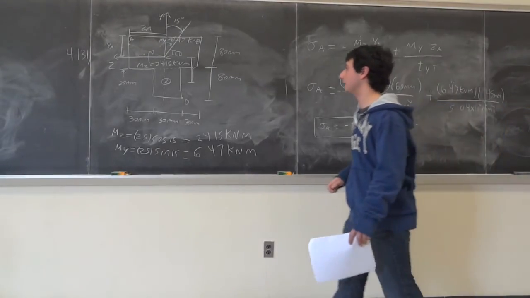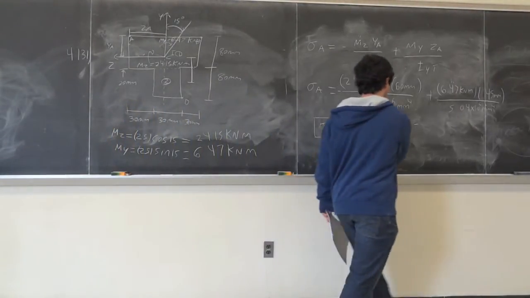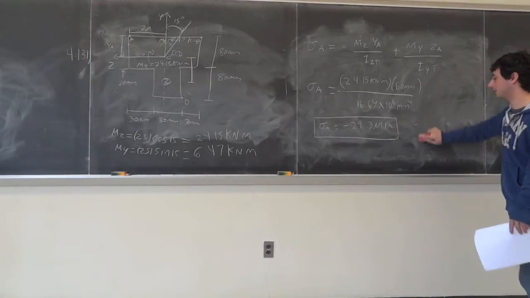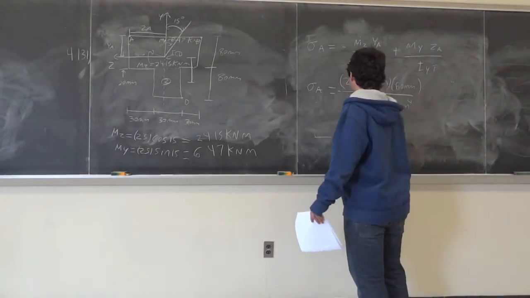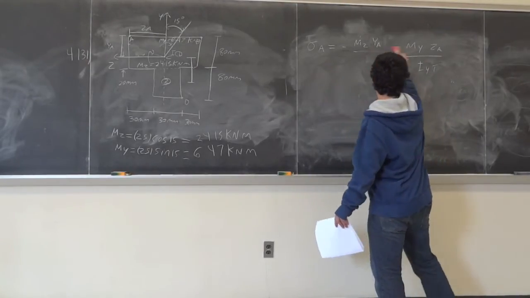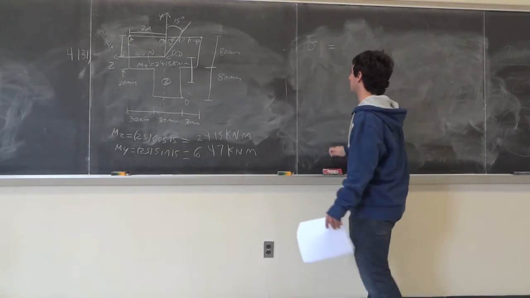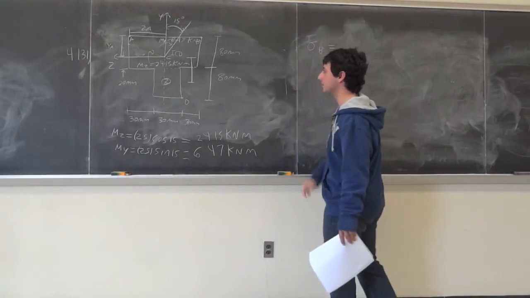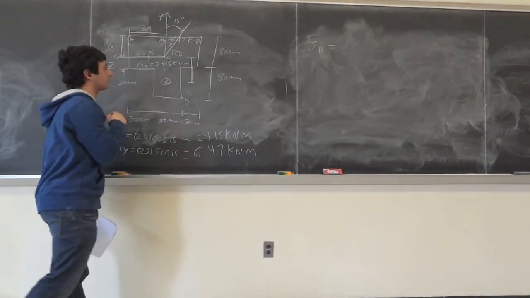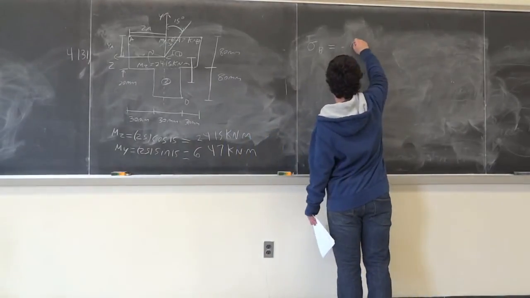Likewise, we can get the stress at B. But this time, I'm not going to give you the formula. I'm going to ask you guys to give me the formula. Okay, so what's the stress at B? I'll let you guys try. So this moment over here, My, is causing B to be in compression or tension? Compression, exactly. So it's minus My.